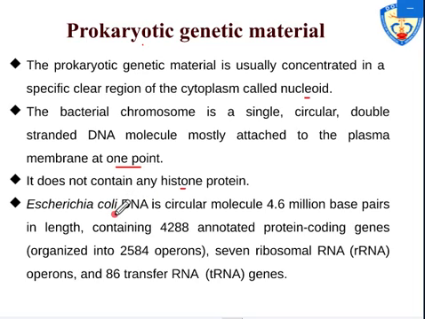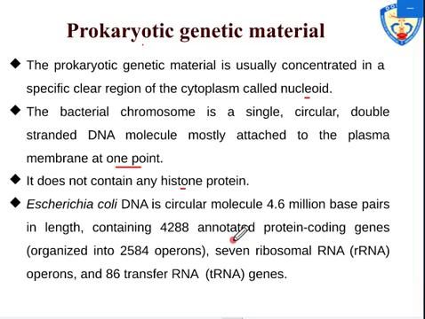The Escherichia coli DNA is a circular molecule that has a size of 4.6 million base pairs, and it contains 4,288 protein coding genes whose location is known.